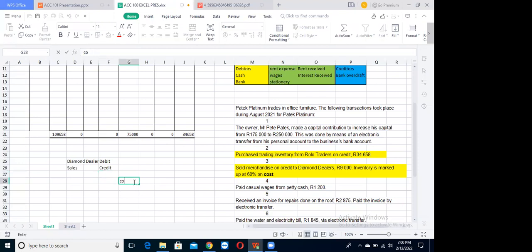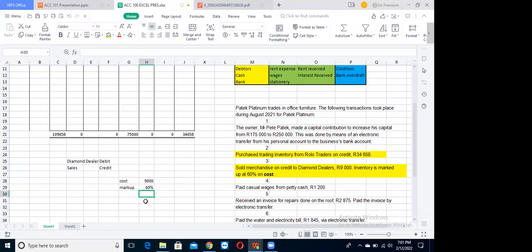So the cost, we have ascertained that it's 9,000. We were given this. And then the markup, we were told that it's 60%. So what is markup? Markup is the percentage rate that we apply to the cost so that we arrive at the selling price.